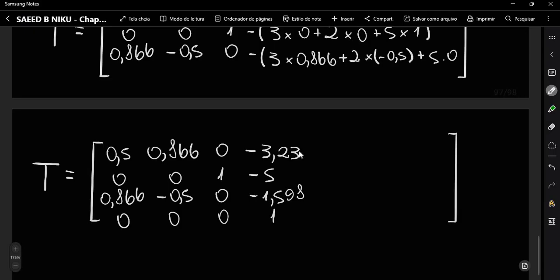And we obtain this matrix, which is the inverse.